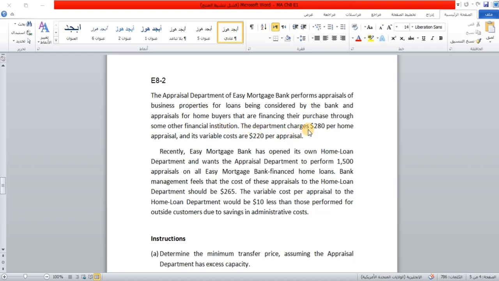The department charges $280 per home appraisal and its variable costs are $220 per appraisal. So the contribution margin per each charge equals $60.